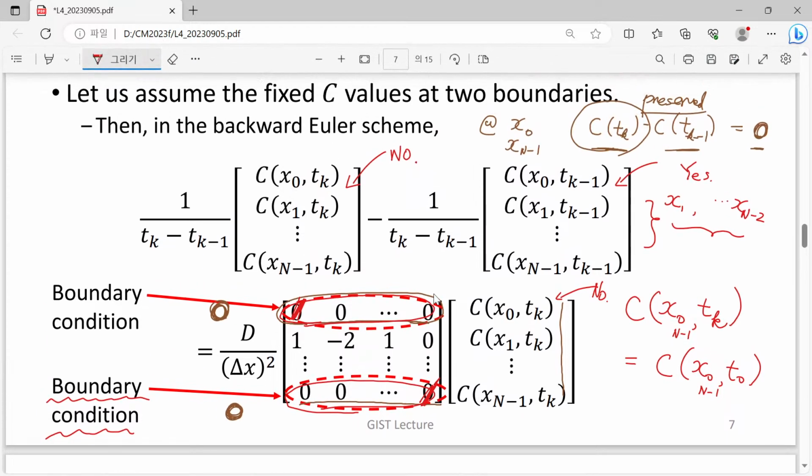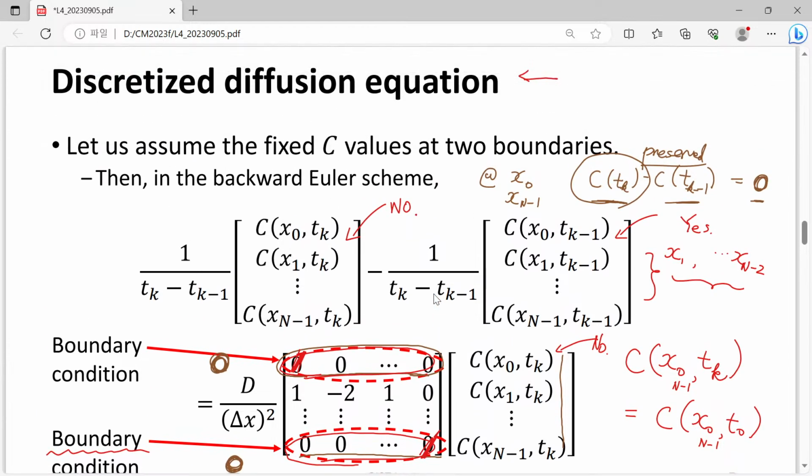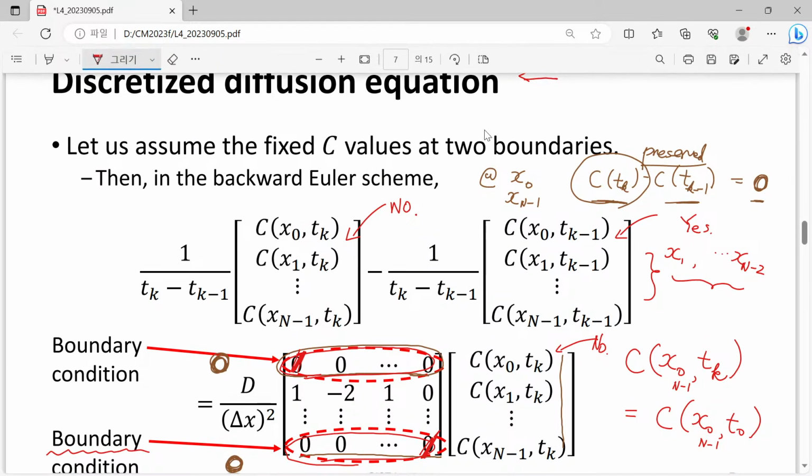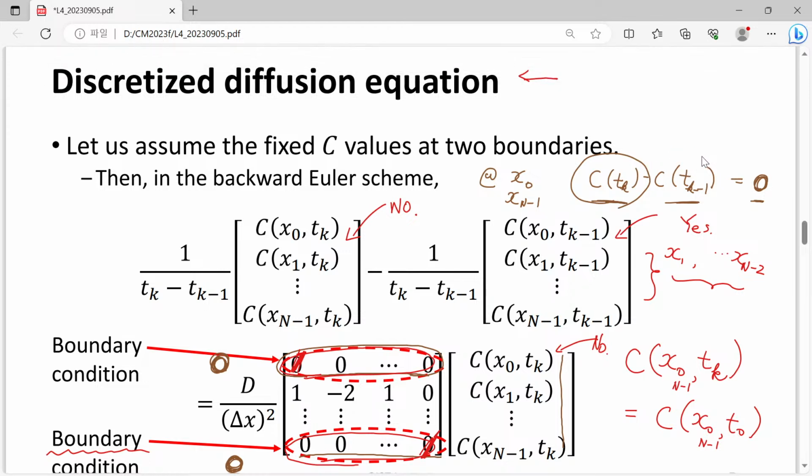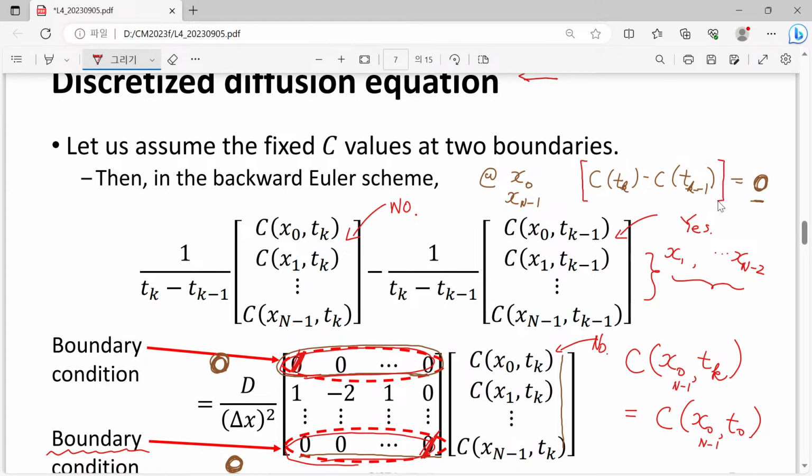Why? If we have this kind of thing, then our discretized equation now becomes, okay, that was a really good question. Now, if we have non-zero right hand side for our boundary values, then we have delta t here. So delta t means the difference between this one and this one, shown here.